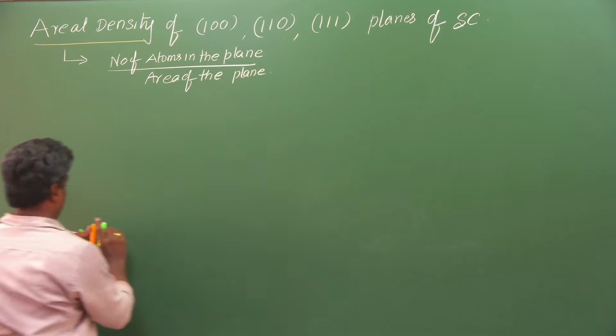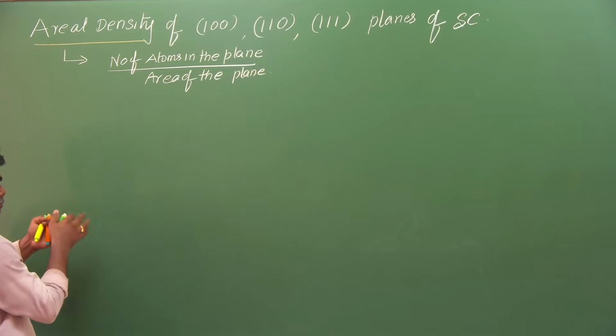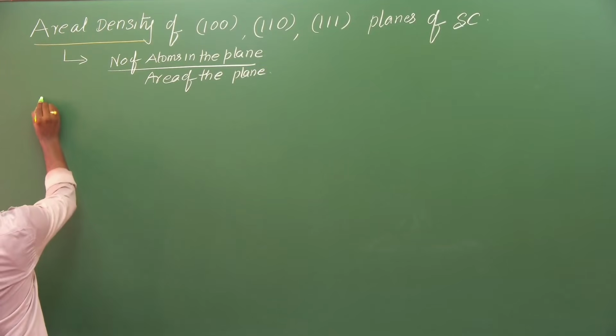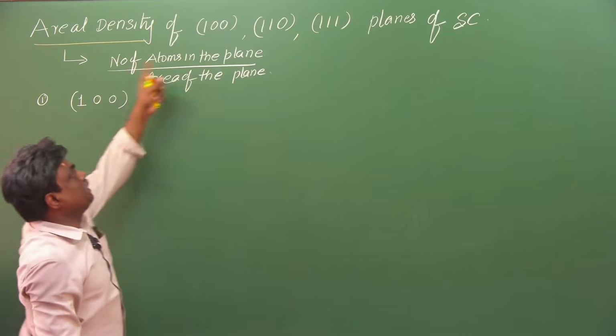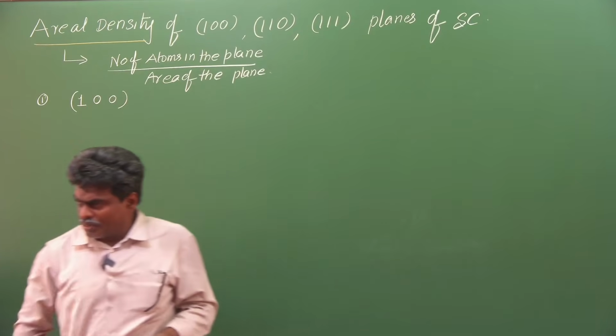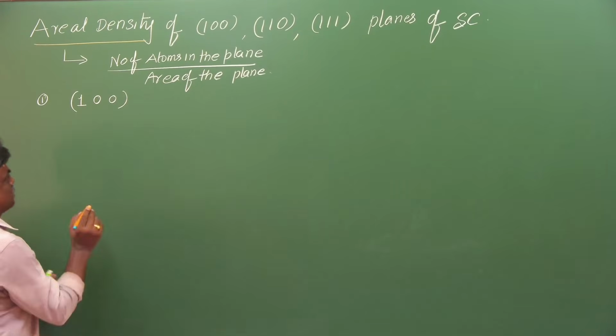One minute. First let me take one by one. Listen please. First I am taking a 100 plane. This is the Miller indices notation. Maybe tomorrow you will get what Miller indices are and all these things. Just listen.